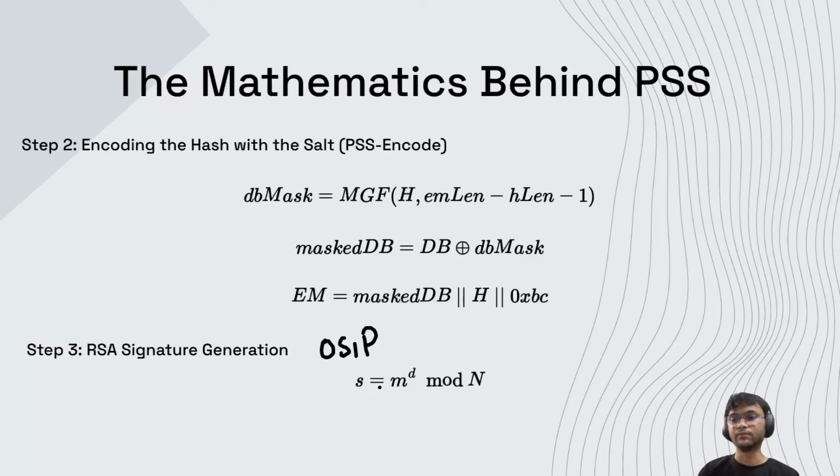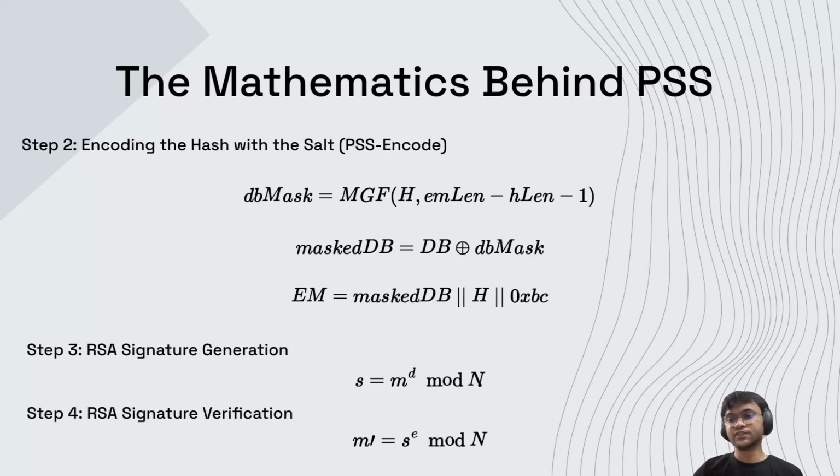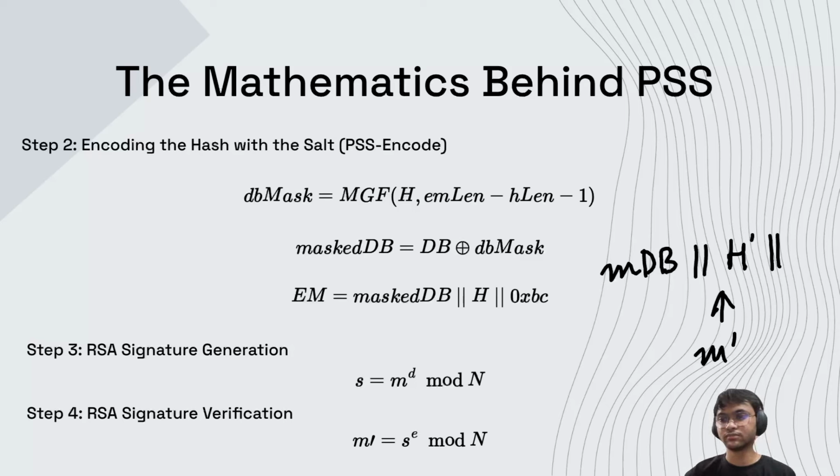And then we can apply the RSA private key operation, which is m raised to d mod n, where n was the modulus that we chose in our first step. At the receiver's end, when any recipient wants to verify a signature, they can reverse the process. It is s raised to e mod n, and once they have m dash, the verifier can then extract the components: the masked DB, the hash H, and the trailer, which is BC.